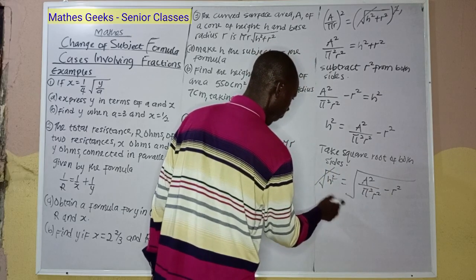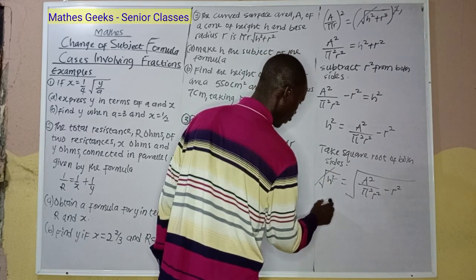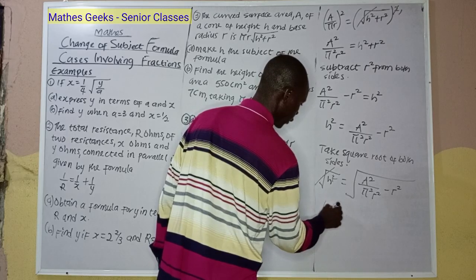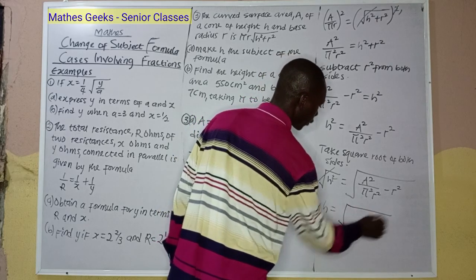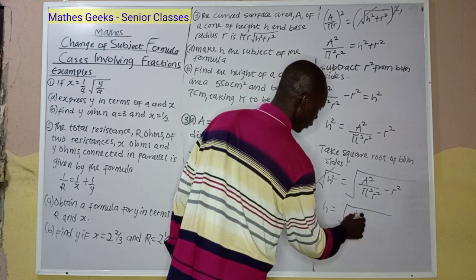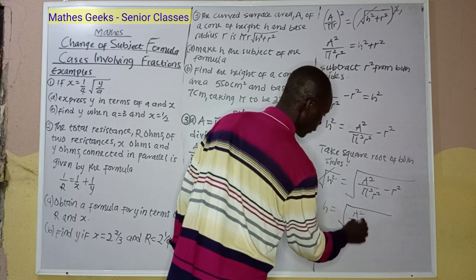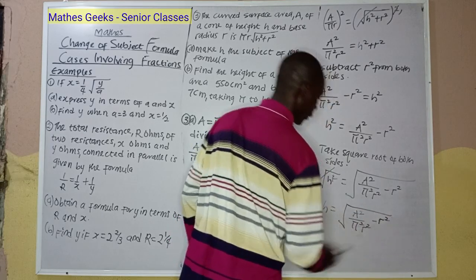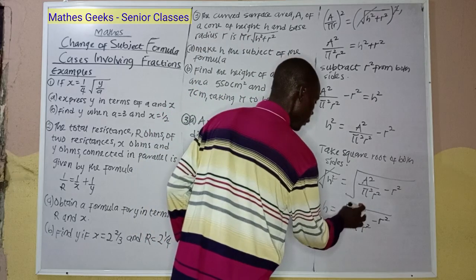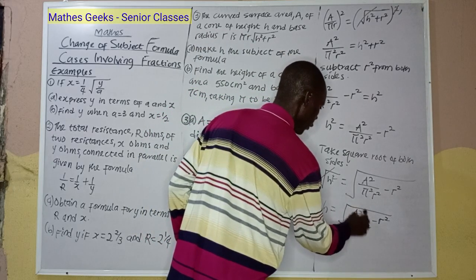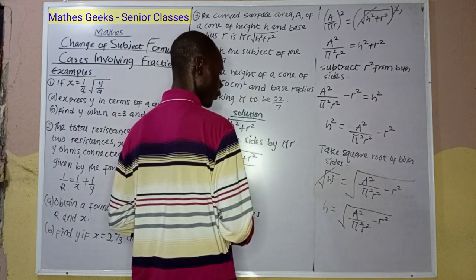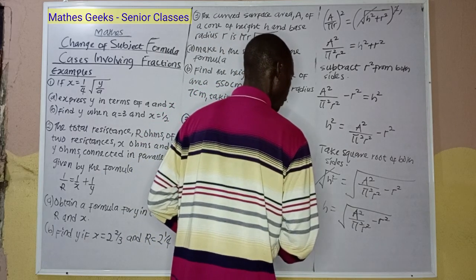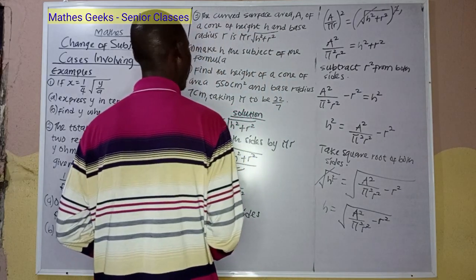So h is equal to the square root of a squared over pi squared r squared minus r squared. This is what you're going to get when h is the subject of the formula.